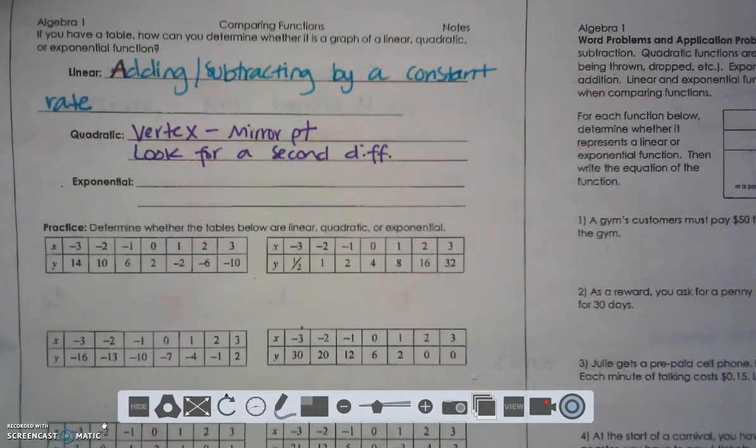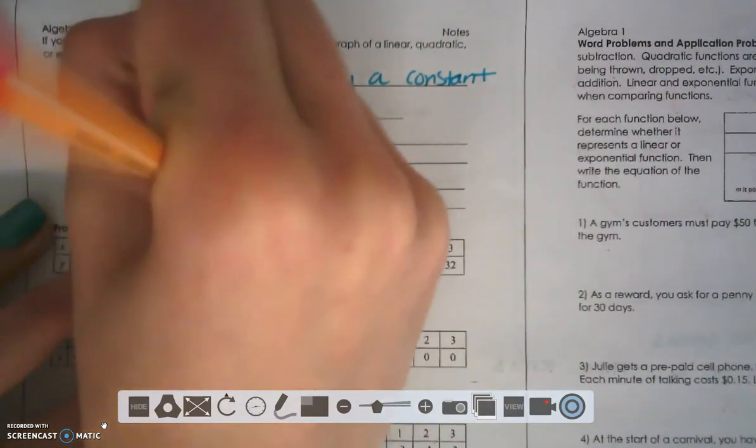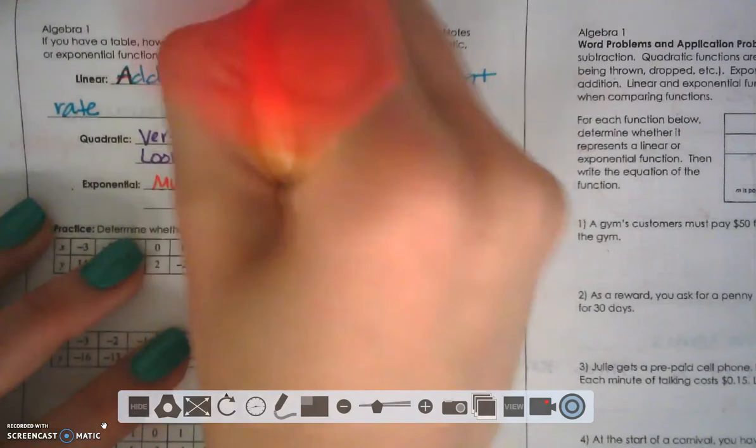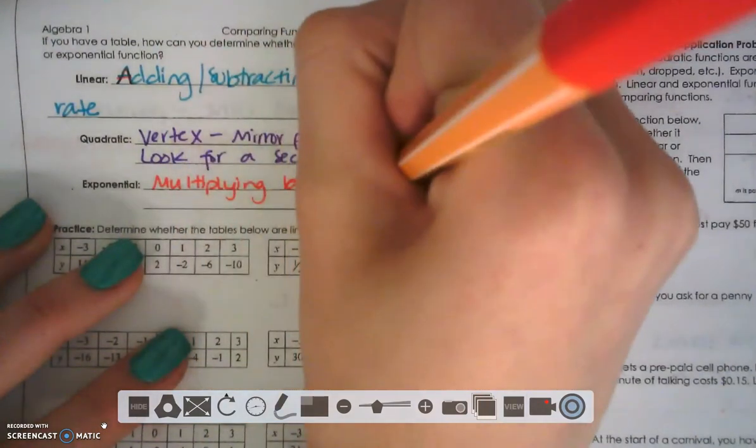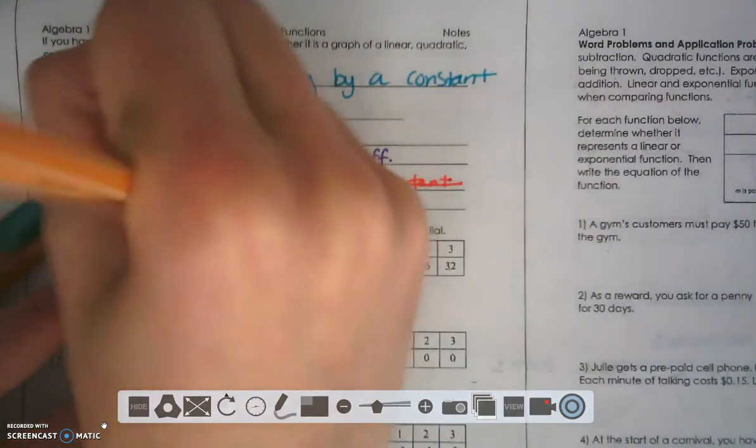We know we have exponential if we are multiplying by a constant, an increasing rate.